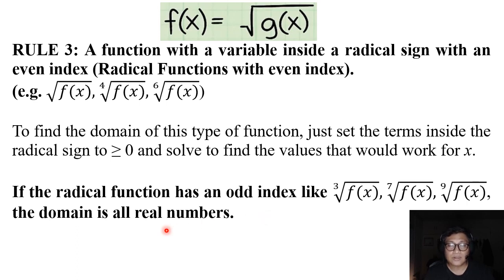All we do is conclude that the domain is all real numbers, similar to the polynomial function. So our concern, class, is only if the index is an even number, like square root. So for the examples, we will only use square root for this matter.